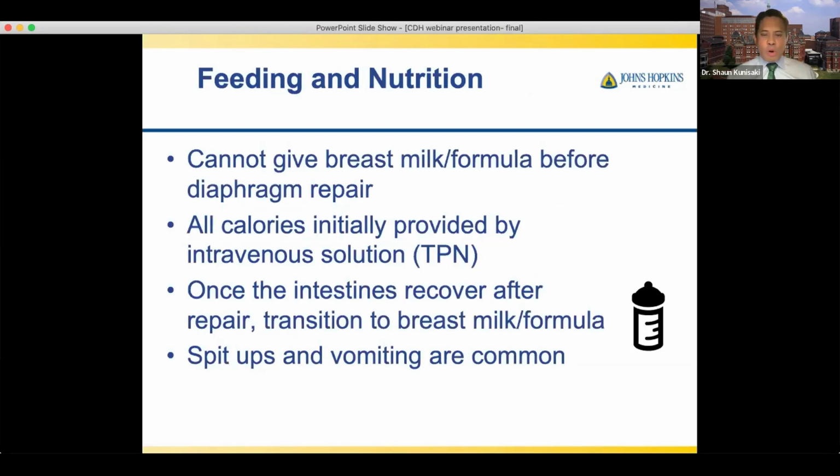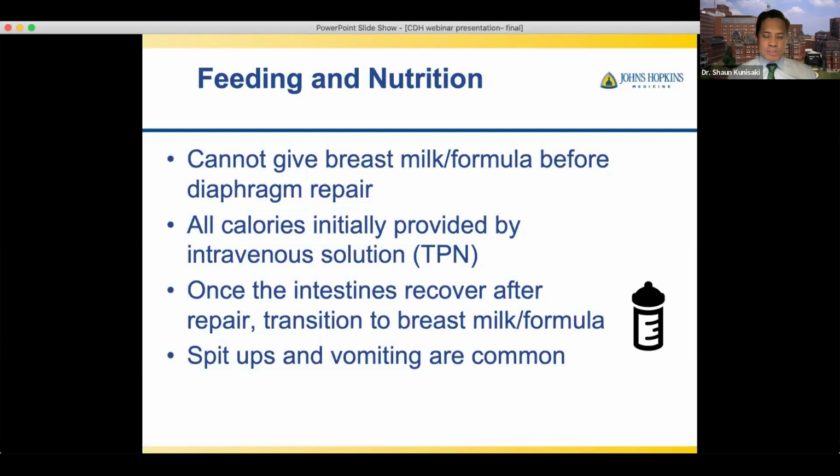Giving breast milk or formula to a CDH newborn before the diaphragm is repaired is generally not safe. So in the meantime, nutritional support of CDH babies occurs by giving calories through a special IV called a PICC line. The intravenous solution is also known as total parenteral nutrition or TPN. Once the intestines recover after surgical repair, babies can be given breast milk or formula based on family choice.